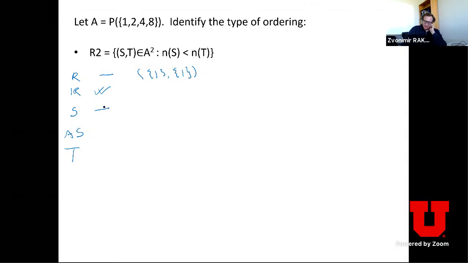So is it antisymmetric? If AB and BA are both in R, that's only if they're not the same.